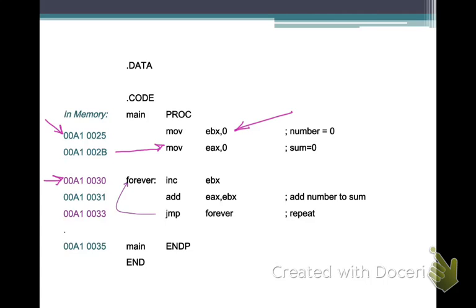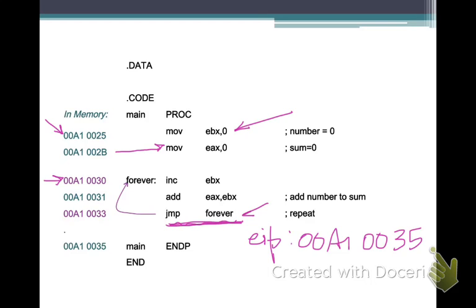Here's the deal. When I get down to jump back up to forever, I am jumping from a location in memory. And at this point, once I've read this instruction, my instruction pointer has incremented by 2. So what's in EIP after I've looked at that instruction is actually 00A10035. So what I'm going to do is calculate an offset from where I'm at right now. I know I'm jumping.